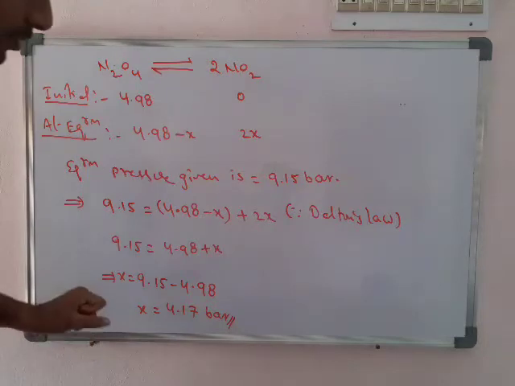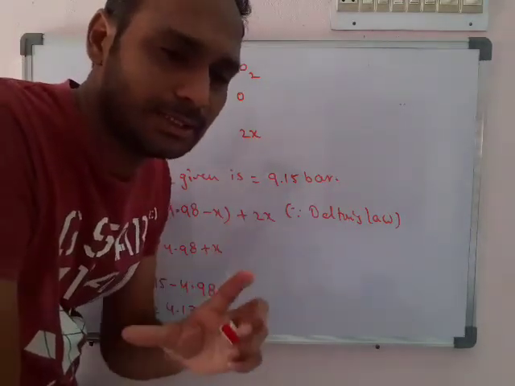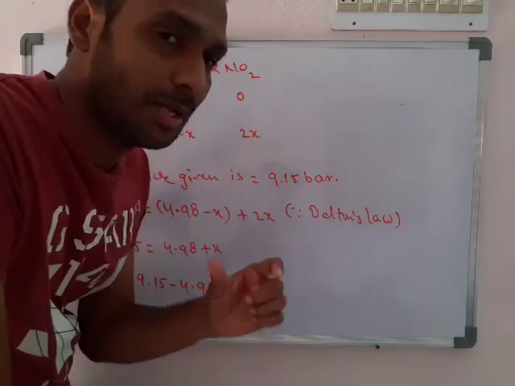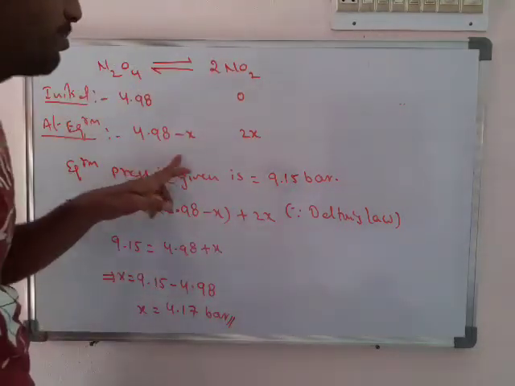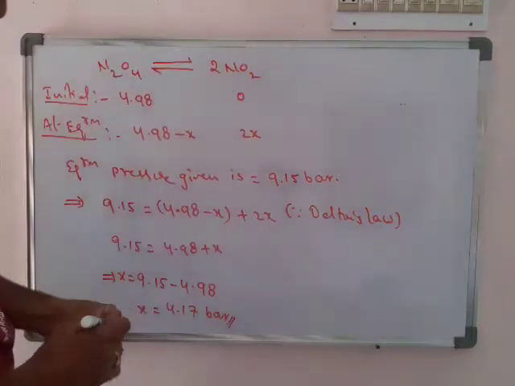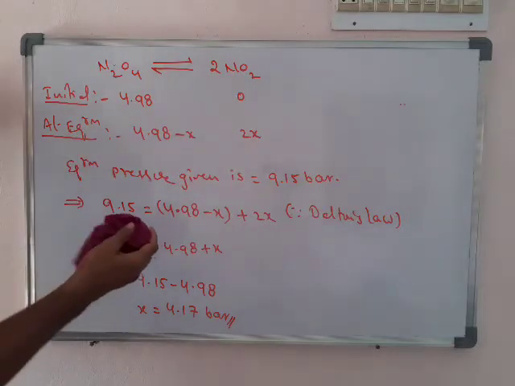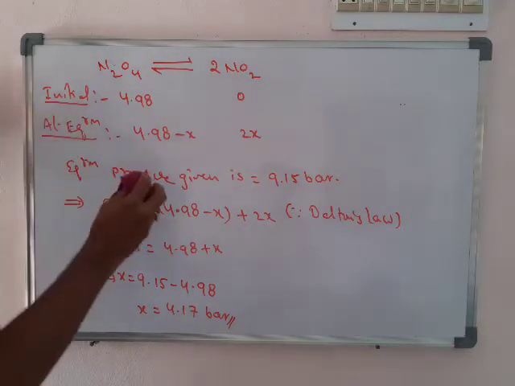So this is x. It is not the total pressure; it is just the pressure decrease in the reactant and the pressure increase in the products. With the help of x, we can now calculate these partial pressures.